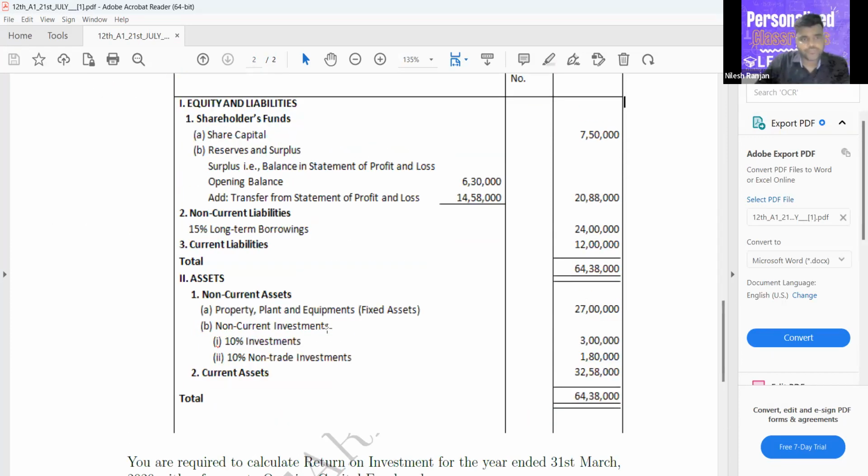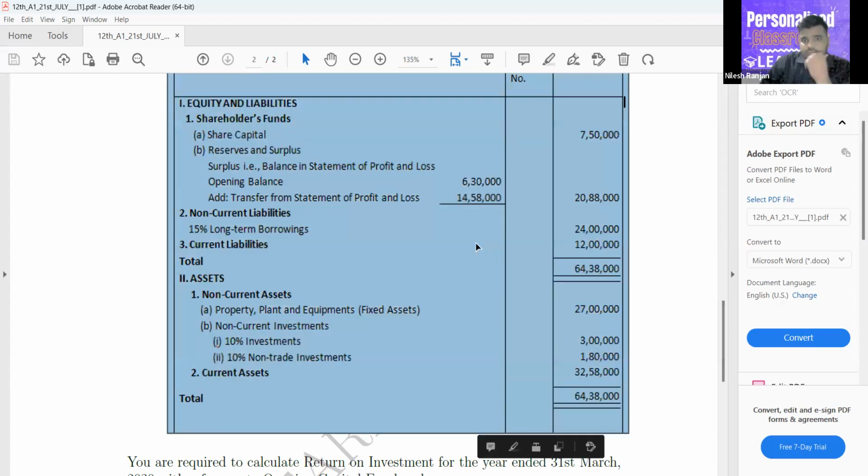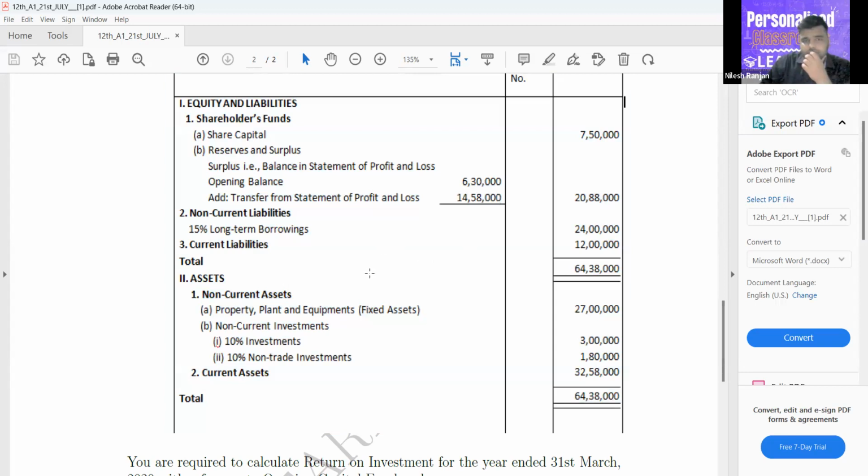Okay. So here you can see, in reserve and surplus, there is the opening balance of the statement of profit and loss, and this is your add transfer from statement of profit and loss. So this is your current year profit, because the net profit which we calculate in the statement of profit and loss is transferred to the balance sheet.